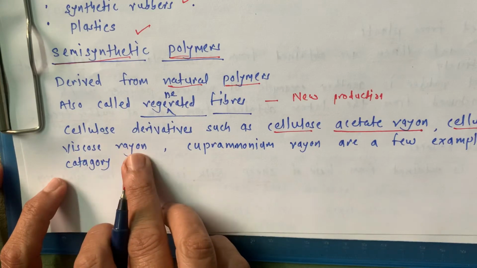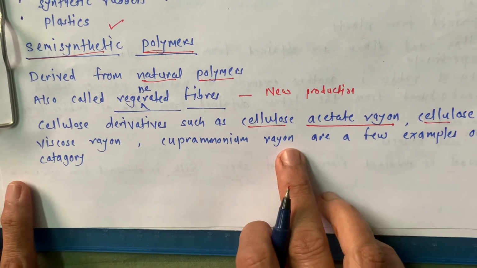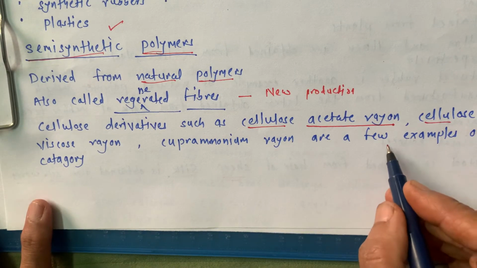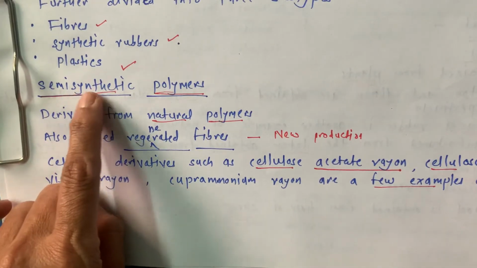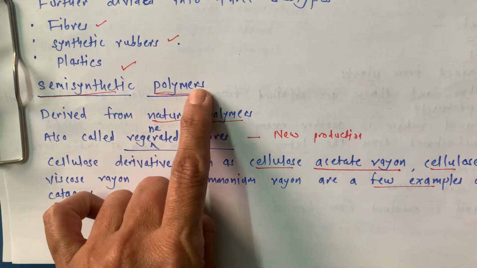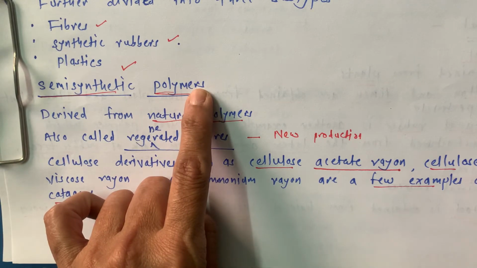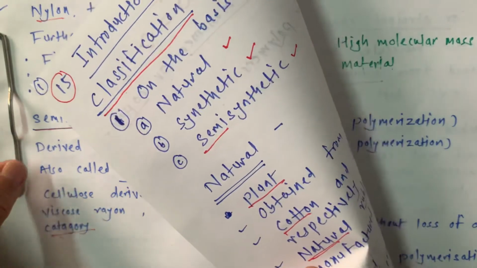Then there is viscose rayon, then cupra ammonium rayon, and all these are examples of semi-synthetic polymers.